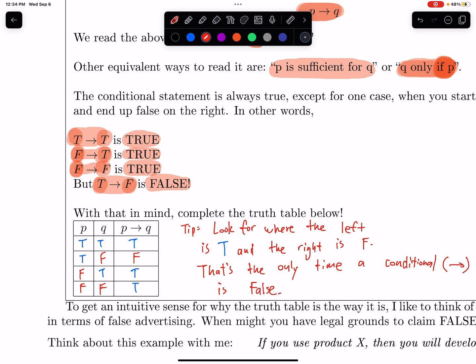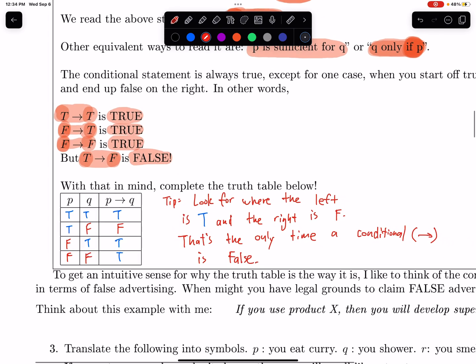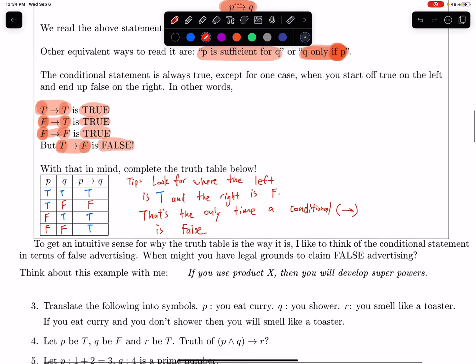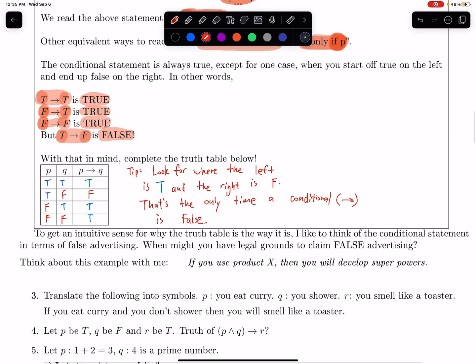Now here's a little intuition for why that would make sense. Just an intuitive idea, this is the way I think of it personally. I like to think of it in terms of false advertising. So when could you say that you have legal grounds to claim false advertising? Think about this example with me.